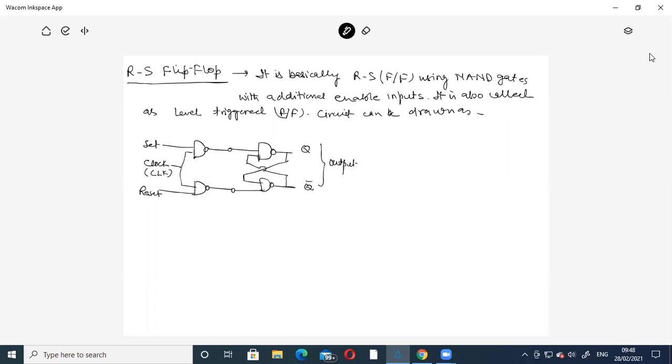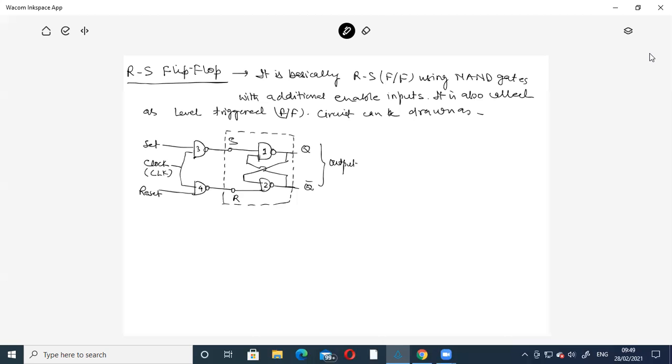So we call this NAND 1. Here it is NAND 2. And these two are 3 and 4. Here, you see, this is S and R. These are the basic latch that we have discussed just now.